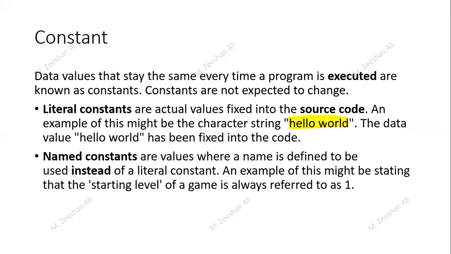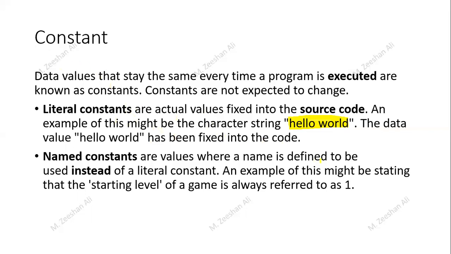But if we save this in a name, for example, if we are taking input from the user and naming it question, then whatever the user types and we print, it will not be a constant, it will be a variable, because we are taking input and the value can be anything. But what is the use of constants?